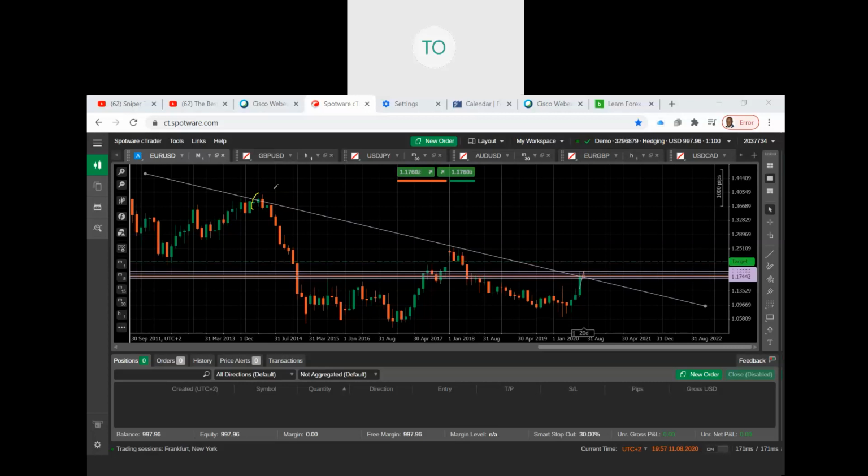So you can work with two, that one and that one, assuming this is complete, but three is better. And because it is slanting, that's why it's called a trend line.